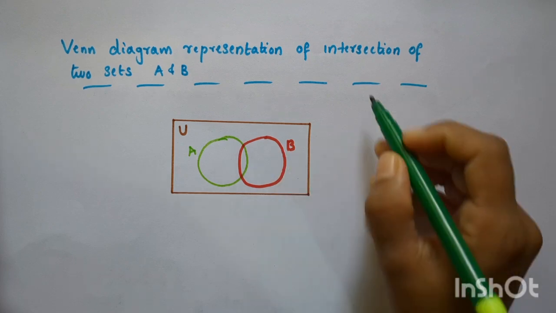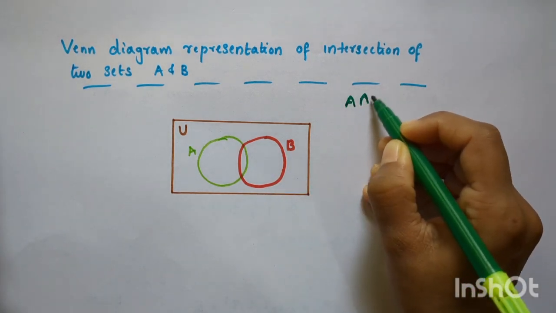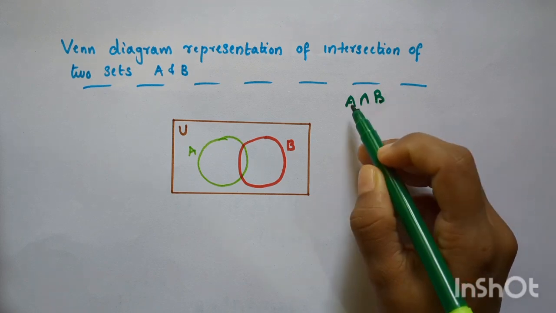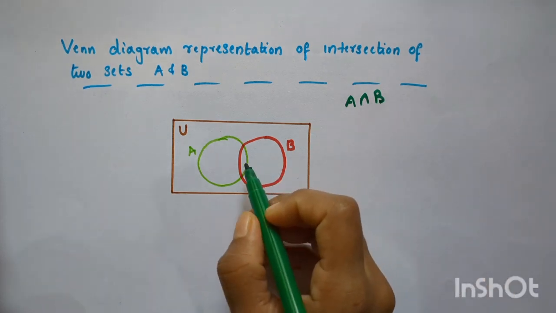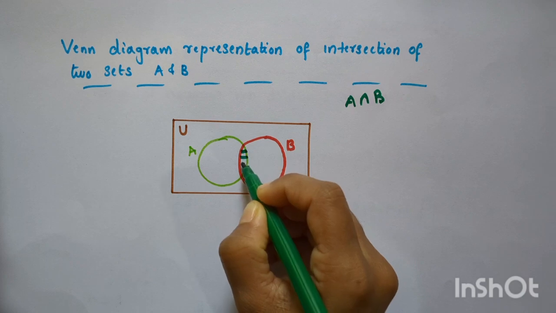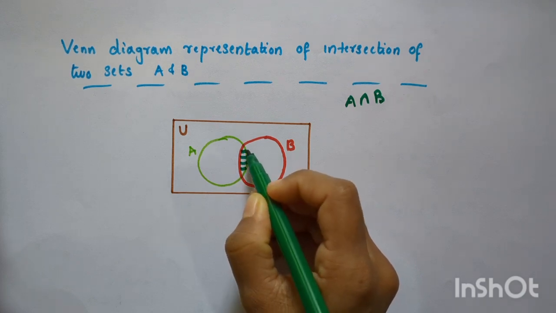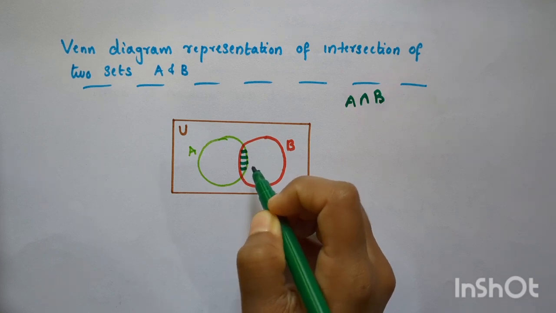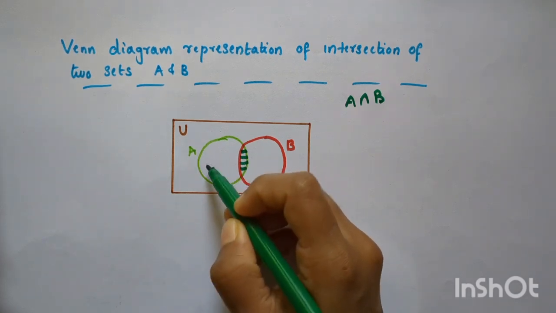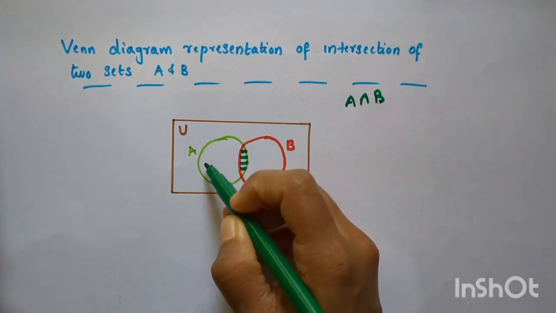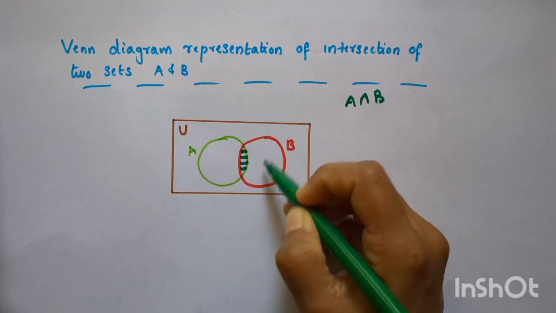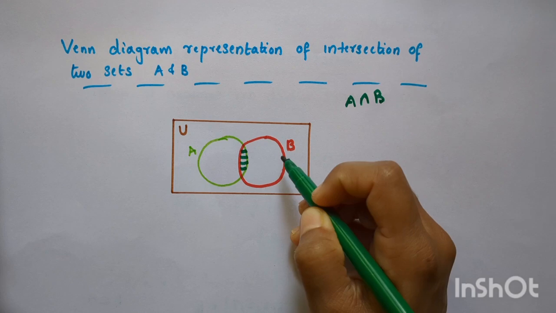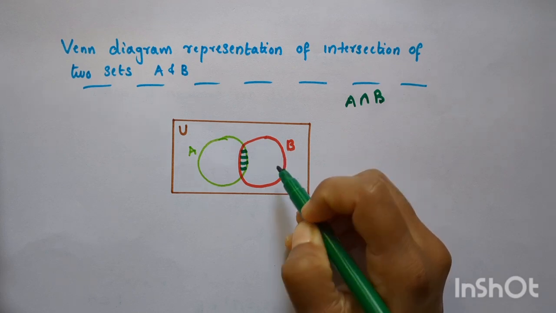Alright, now when we consider A intersection B, we have to choose elements which belong to both A and B. That is, this shaded portion actually indicates the intersection of A and B. If you consider this part, this actually belongs to A only, not to B. If you consider this part, that belongs to B only, not to A. So we cannot consider those portions while we are considering the intersection of two sets.